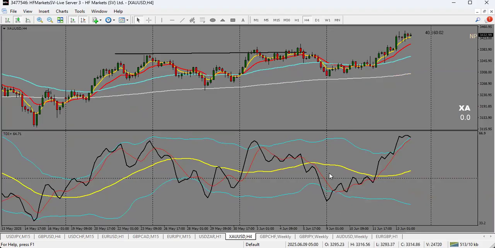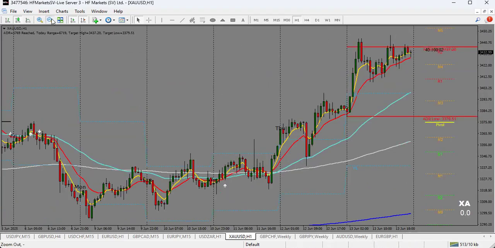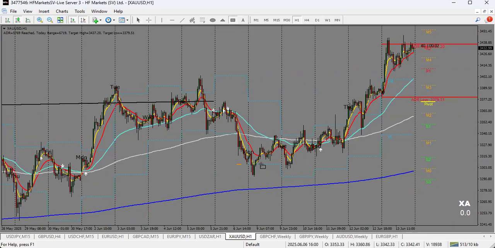We're having a shark fin just below the level 50. This here was a peak reset on the R1. And we had a peak reset here based on gold. And the movement started from there. So that is our first ADR, our second ADR, and our third ADR. So we are just about to complete the third ADR.